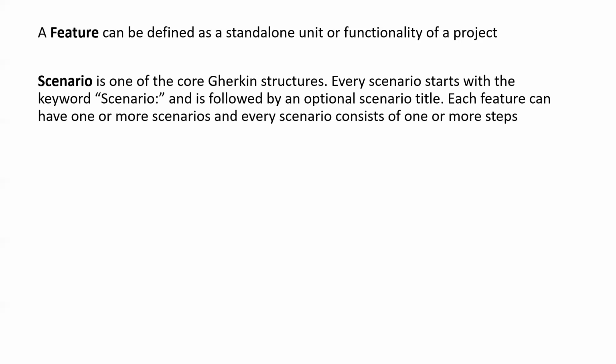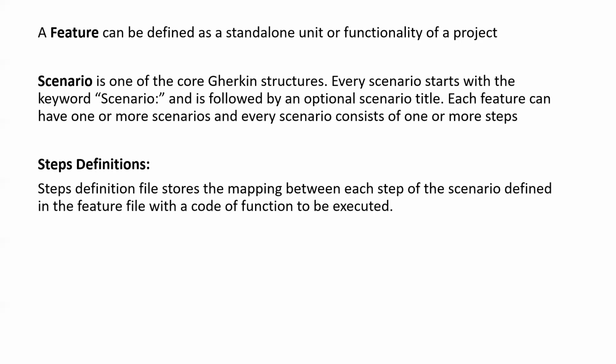Basically, one scenario is one test script, one test. Each step is one particular step for an action, verification or some prerequisite. So one scenario contains multiple steps, and one feature file contains one or more scenarios.